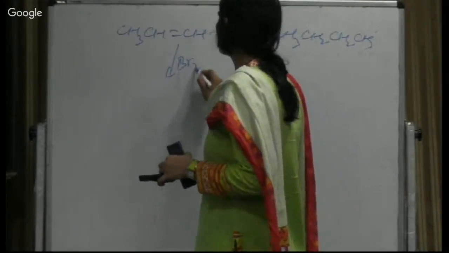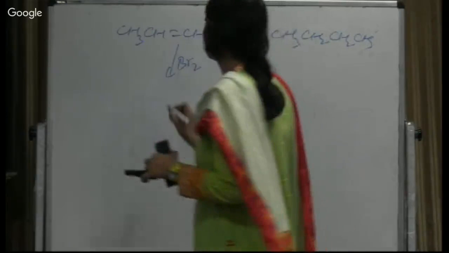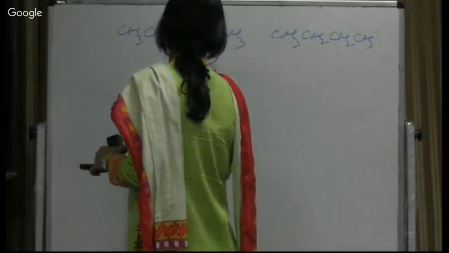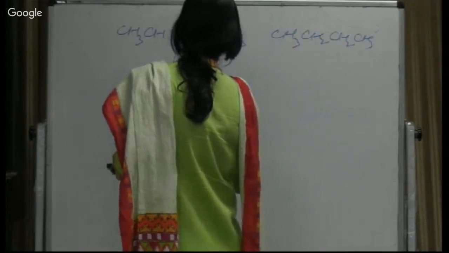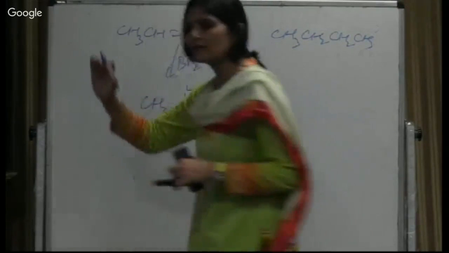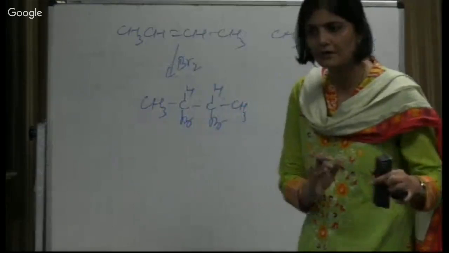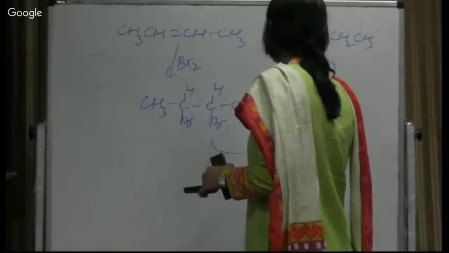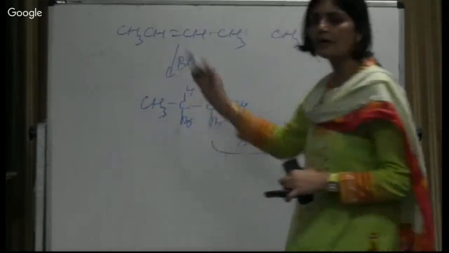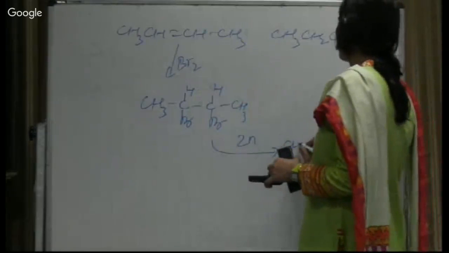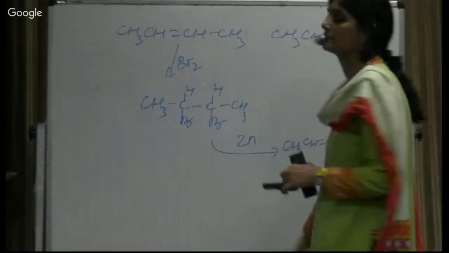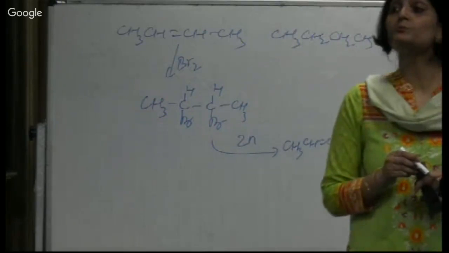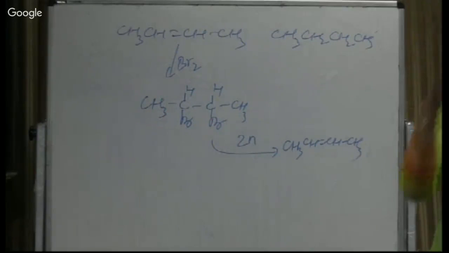You add bromine to this. The bromo derivative gets precipitated, you separate it, and then you react with zinc, a dehalogenation reaction, and you get the alkene back. So it can be used as a method for purification of alkenes rather than for preparation. Okay?